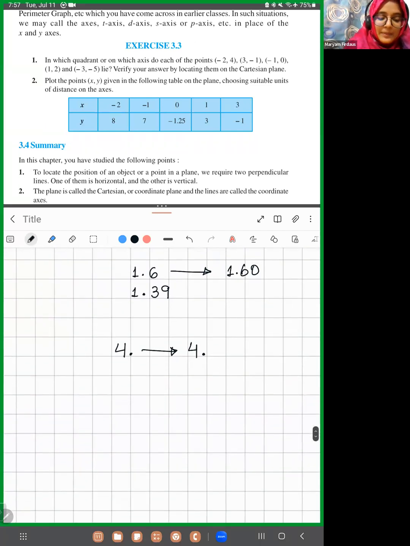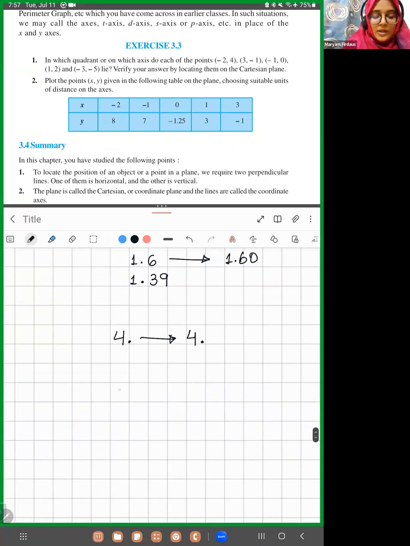The same thing happens if you are talking about a 0 which comes after the decimal point. So before the decimal point, the 0 you can drop; this is a leading 0.